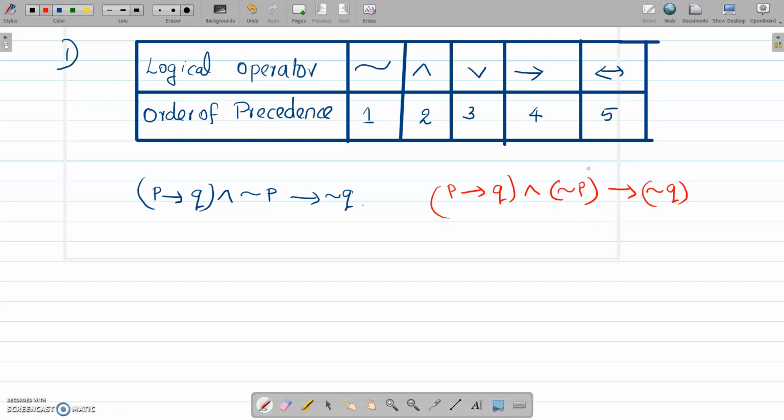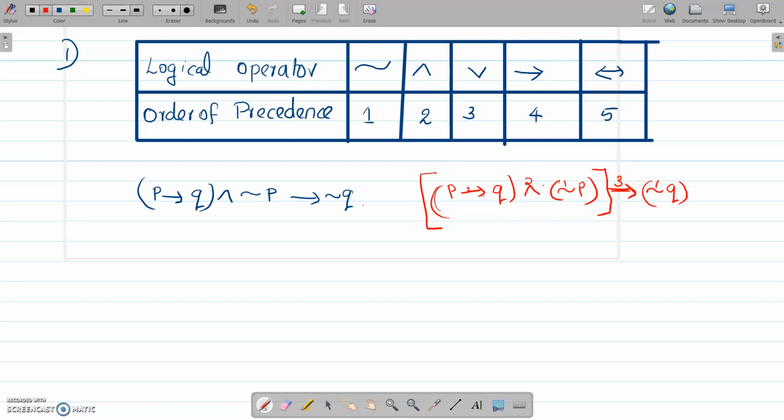Next is the AND operator. Next we have to calculate this AND kind of operators: P implies Q and negation P. This is the first priority. For the second priority, OR is not here. After that, the third priority is here.